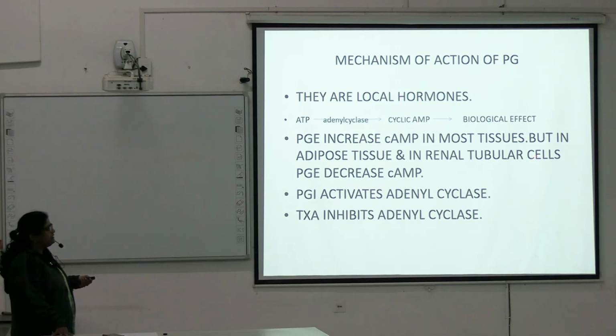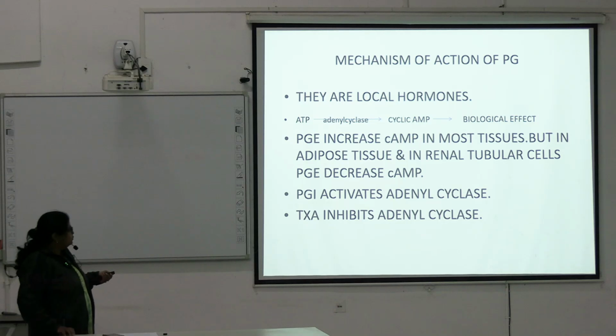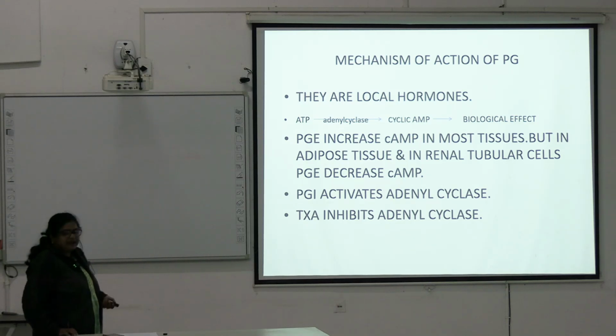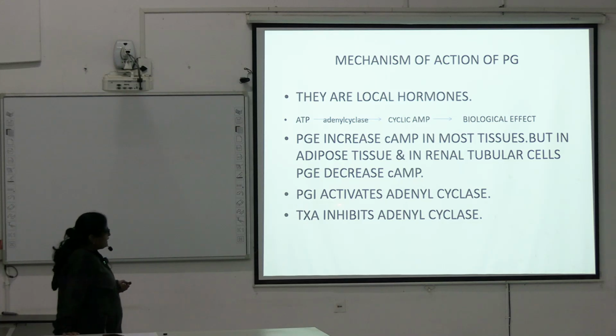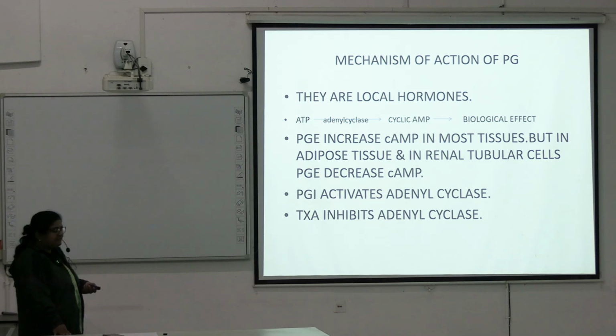So the biological effect is reduced in adipose tissue and renal tubular cells. Prostacyclin activates adenylyl cyclase, that means increases cyclic AMP and enhances the biological effect. Thromboxane A2 inhibits adenylyl cyclase, that means decreases cyclic AMP and decreases the effects. Okay?